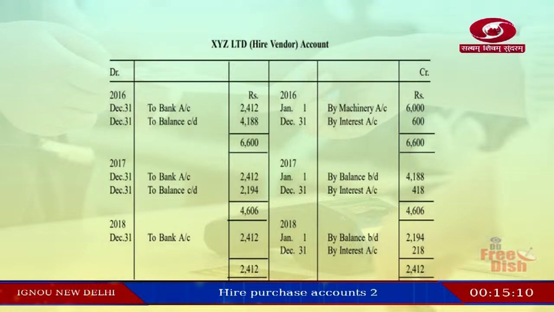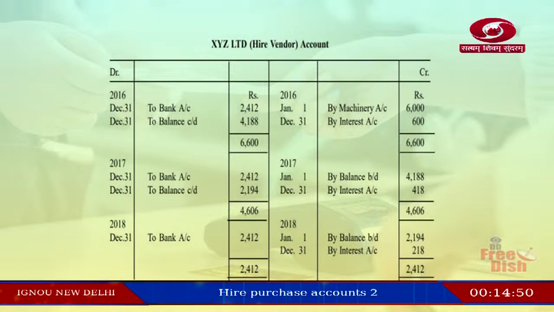So by machinery 6000. And here at the end of the year, interest is also to be credited in the account of hire vendor. So we made the entry interest account debit to hire vendor. So by interest 600. So total it is 6600.